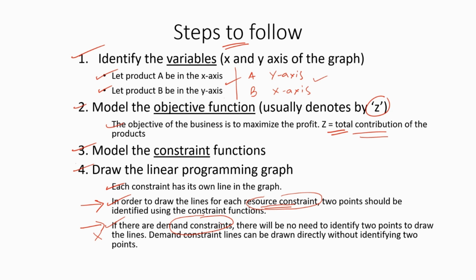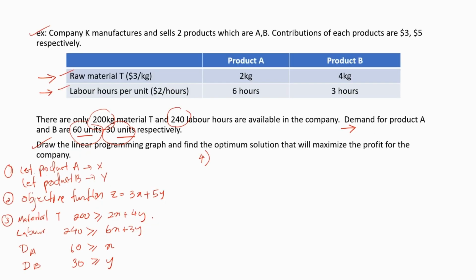Demand constraint lines can be drawn directly without identifying 2 points. This means we have to identify 2 points for each of these resource constraints, simply assigning 0 to the x and y values as we did earlier. These are demand constraints, so we do not have to identify 2 points for each demand constraint. When we draw the linear programming graph, we can directly draw these lines.